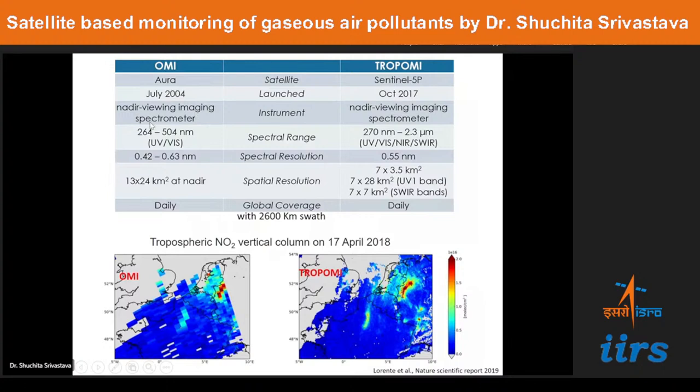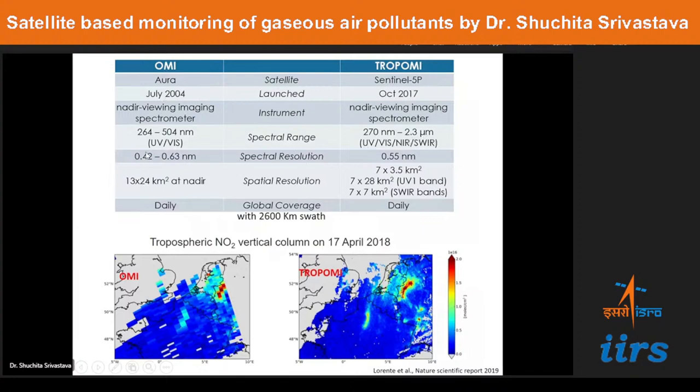Both are nadir viewing imaging spectrometers. OMI measures in the UV and visible range from 264 to 504 nanometer, and TROPOMI measures UV visible as well as NIR and SWIR, near infrared and short wave infrared, ranging from 270 nanometer to 2.3 micrometer.